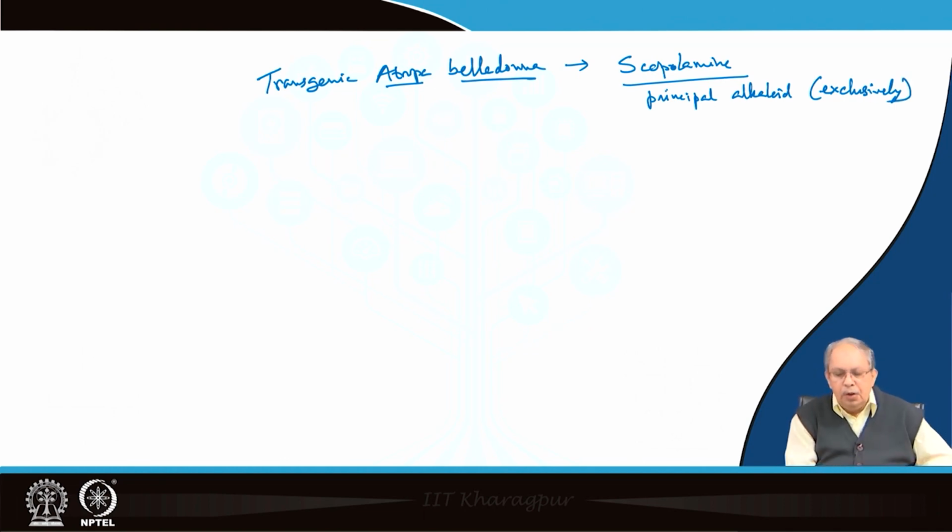So, a normal Atropa belladonna plant contains hyoscyamine.